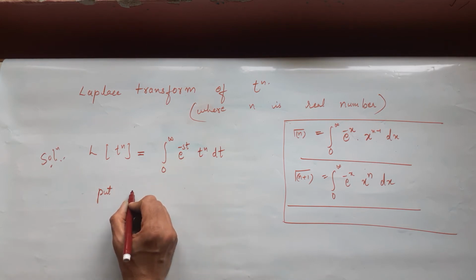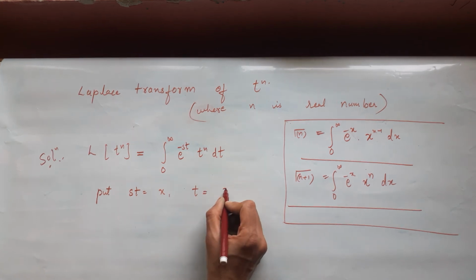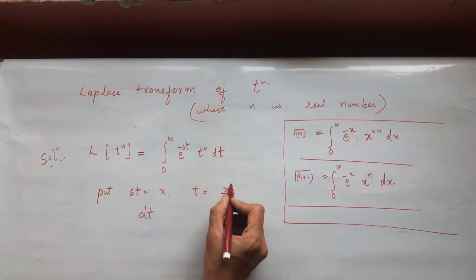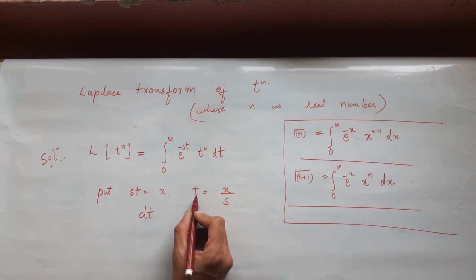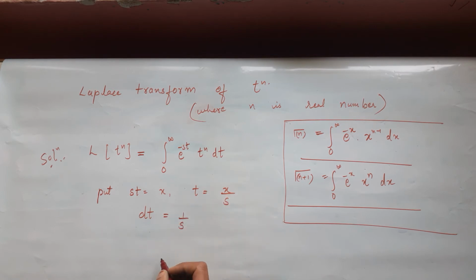Let us put s into t as x, so you define your t as x divided by s. And what should dt be? Differentiating with respect to t, dt is equal to 1 by s, since s is a parameter, into dx.